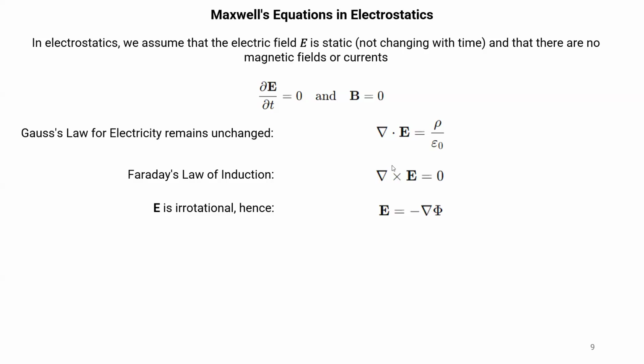Once again, if we have no curl of electric field, this allows us to write this electric field as a gradient of a scalar field. Indeed, if you substitute this gradient of scalar field into this Faraday law, the curl, since the curl of gradient is always zero, this is another theorem.